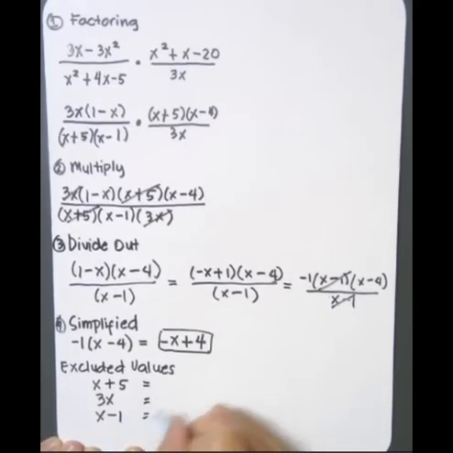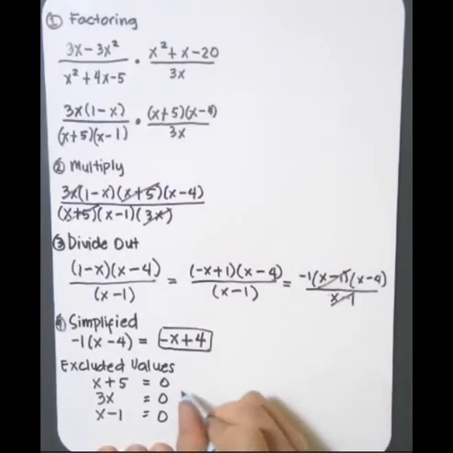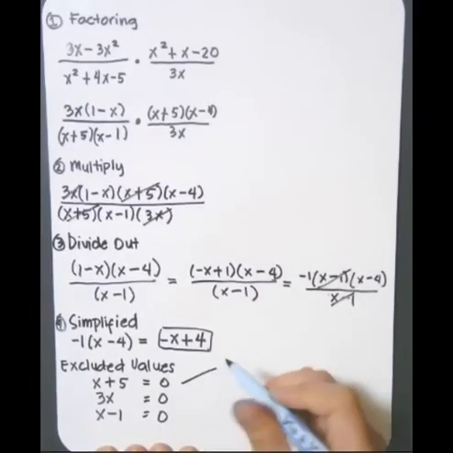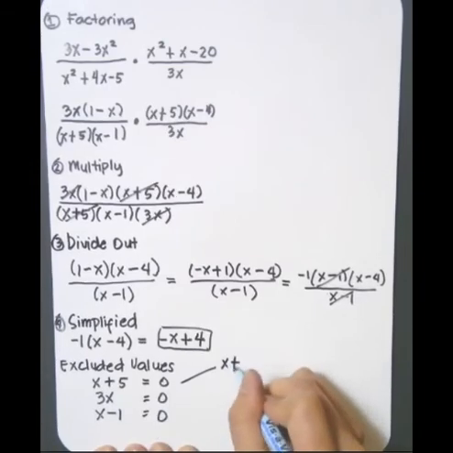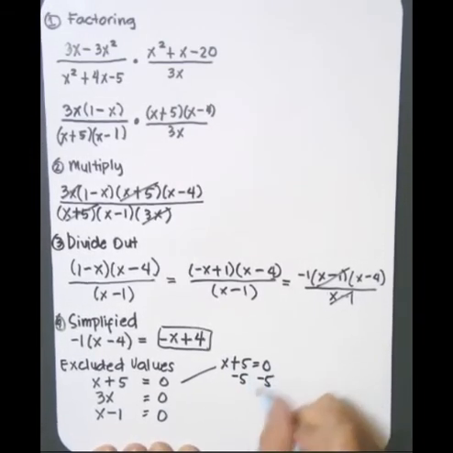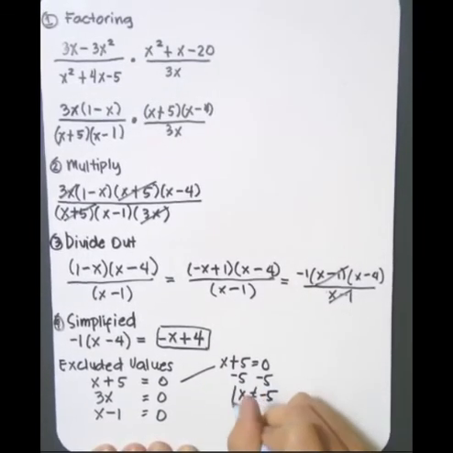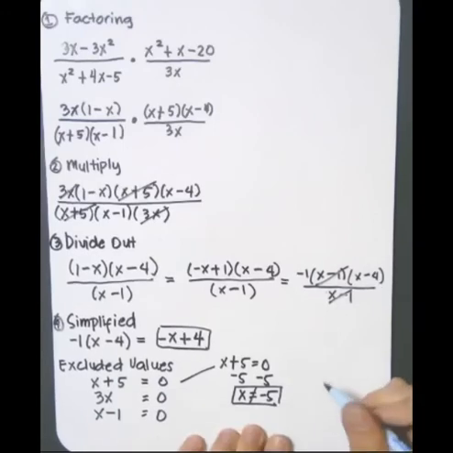We equate each to 0. We subtract 5 from both sides. x is equal to negative 5. So this is one of our excluded values.